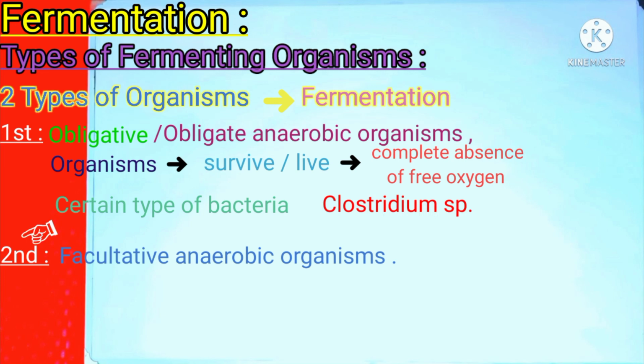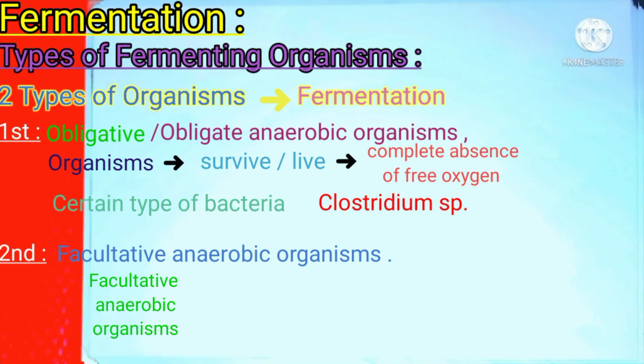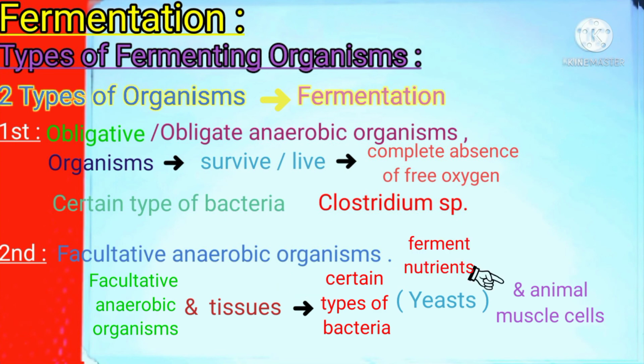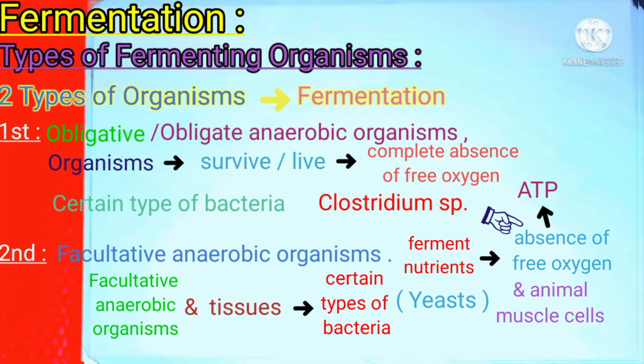The second type of fermenting organisms are facultative anaerobic organisms. Facultative anaerobic organisms and tissues include certain types of bacteria, yeasts, and animal muscle cells. These can ferment nutrients in the absence of free oxygen, so that they can generate some ATP in the deficient amount of molecular oxygen.